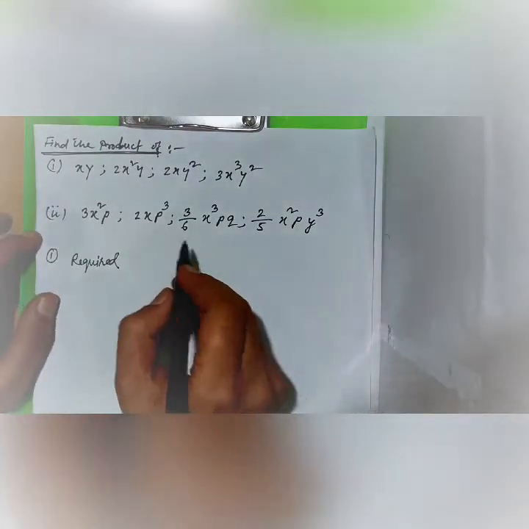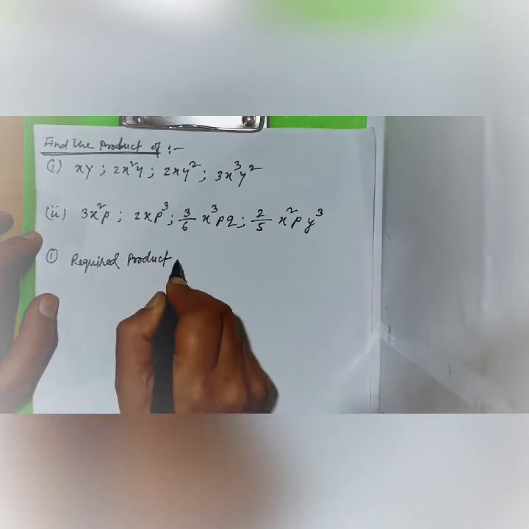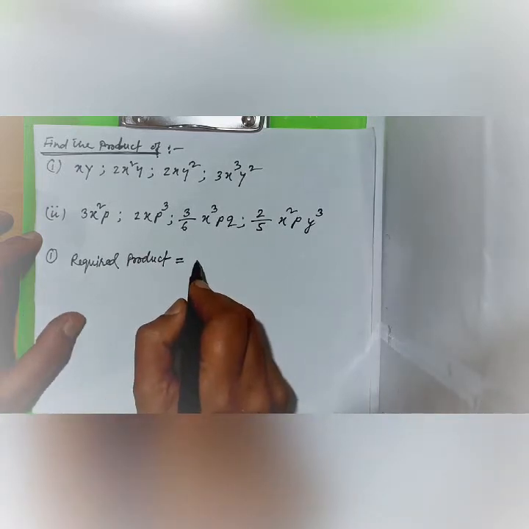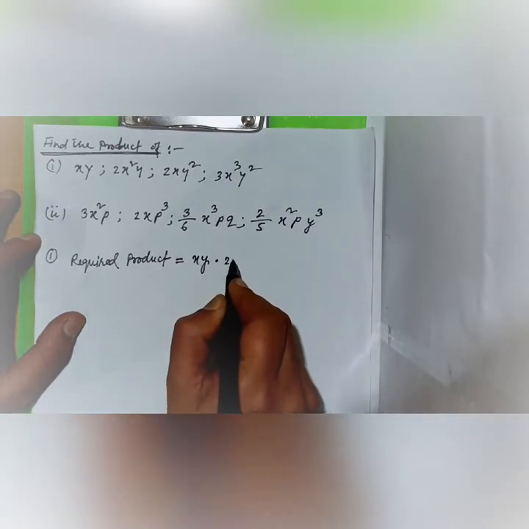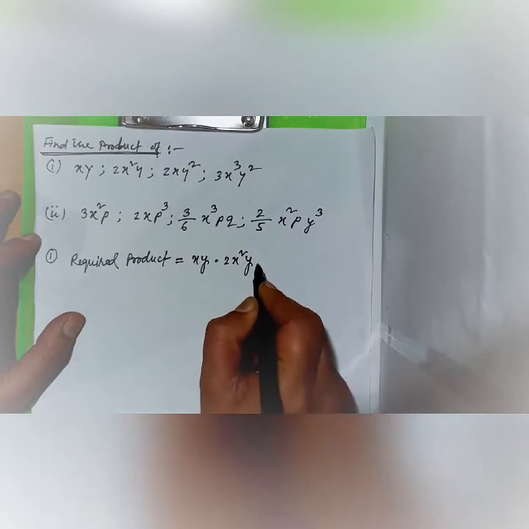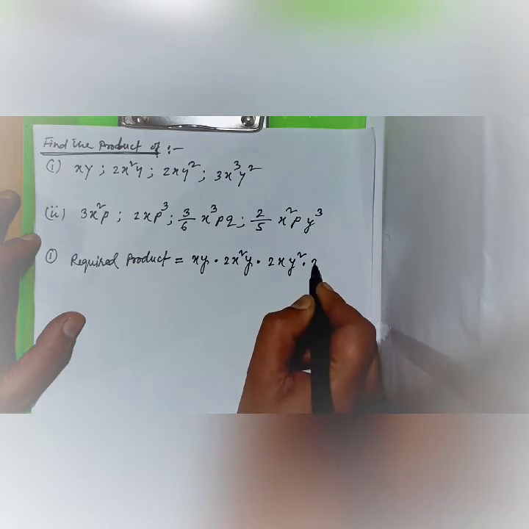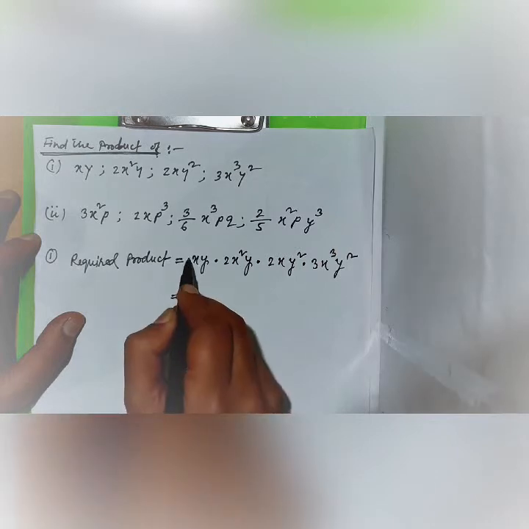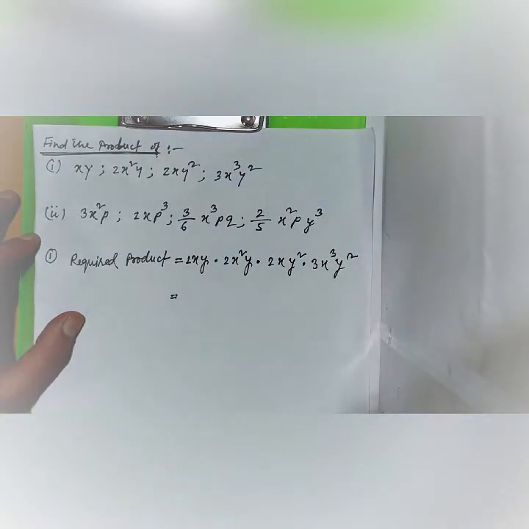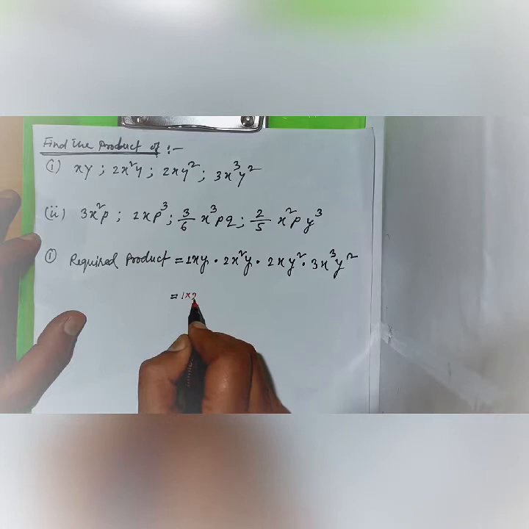So the required product equals xy, 2x square y, I am putting a dot in place of the cross sign, 2xy square and into 3x cube y square. Now the numerical coefficient here is 1. Our first duty is to multiply all the numerical coefficients together, that is 1 into 2 into 2 into 3.